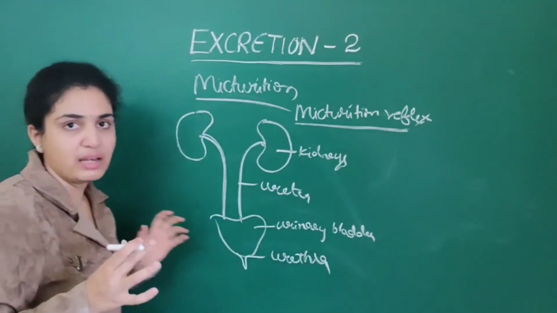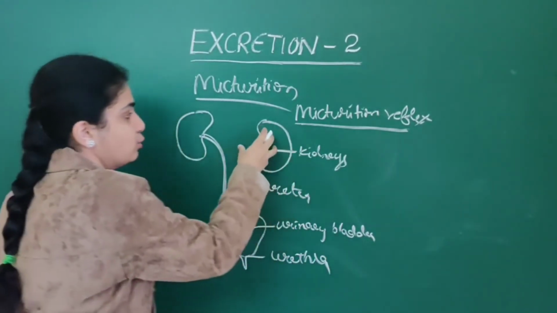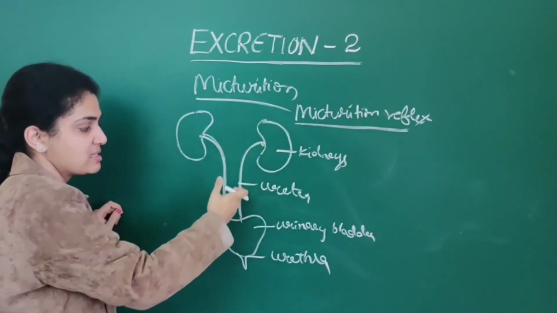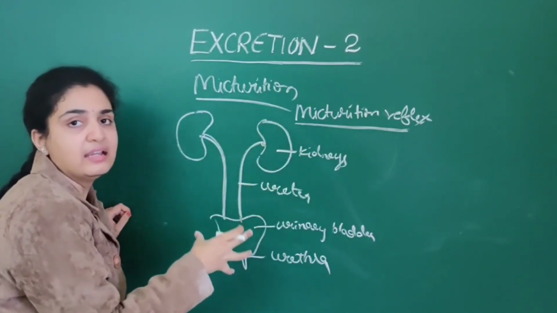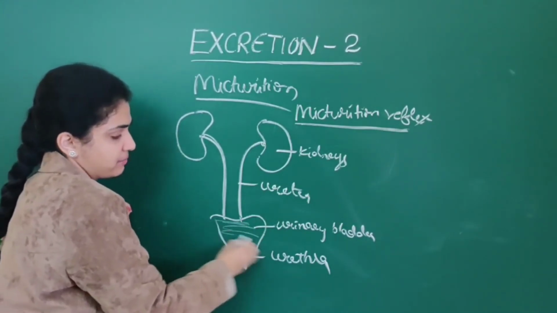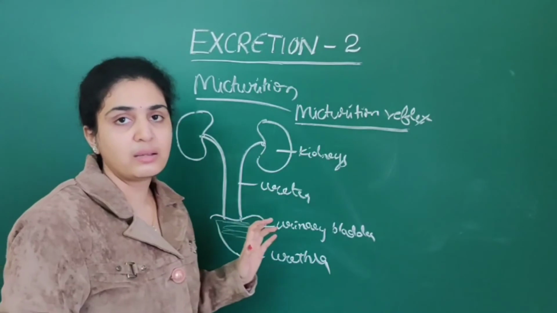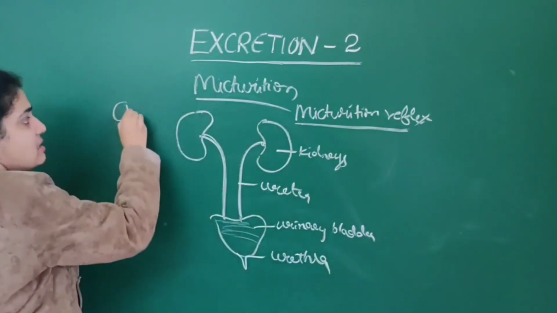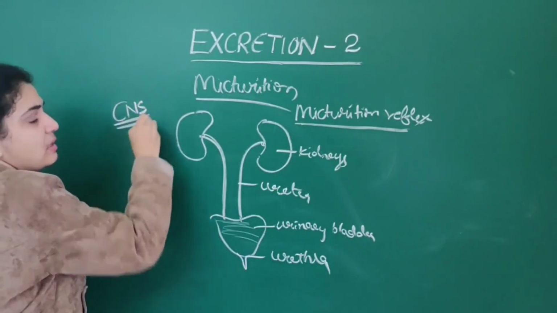So what happens first? The urine formed in the kidneys passes into the ureter and is temporarily stored in the urinary bladder, till the voluntary signal is given by the central nervous system.